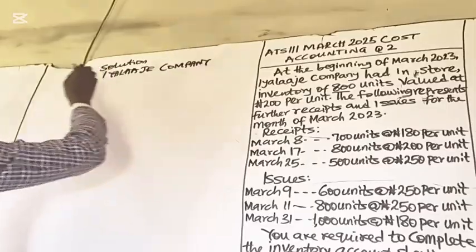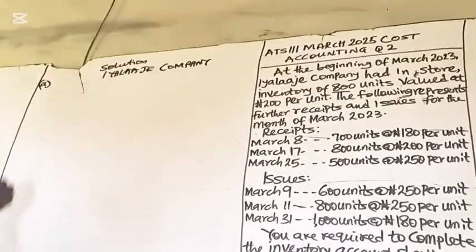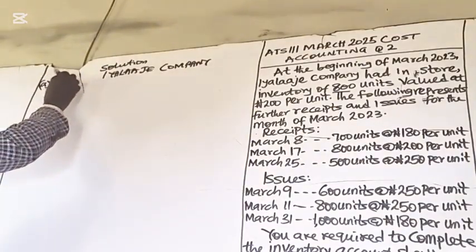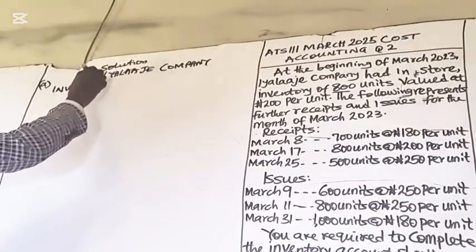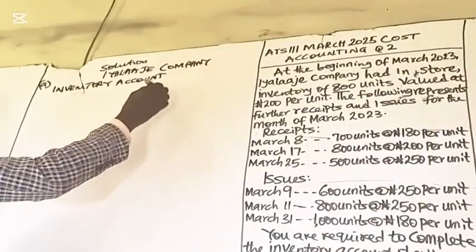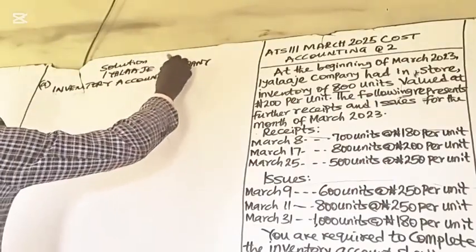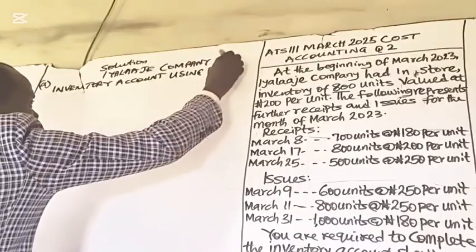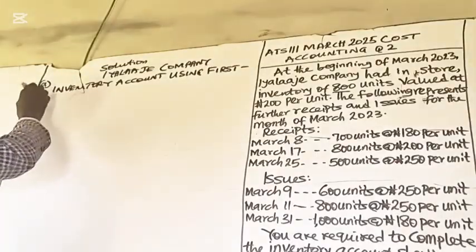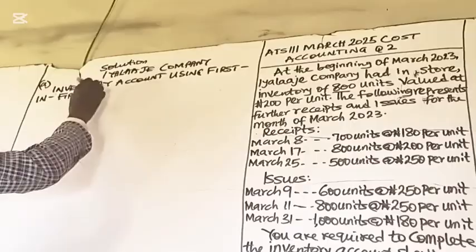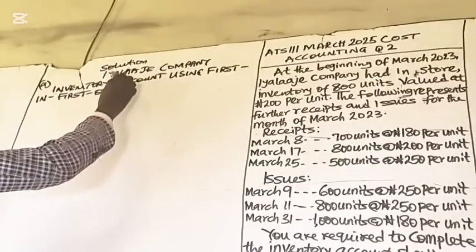In the first requirement, you are required to complete the inventory account using the first in, first out method.